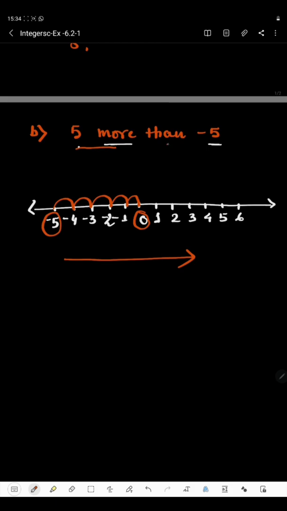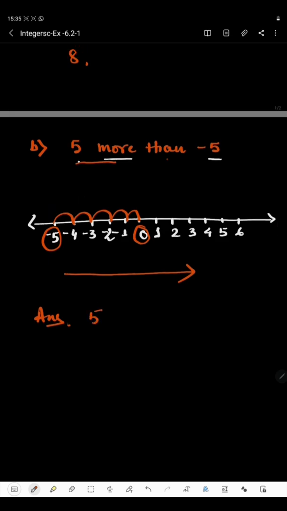When you move 5 steps to the right of minus 5, you will get 0. So we will write the answer: 5 more than minus 5 is 0.